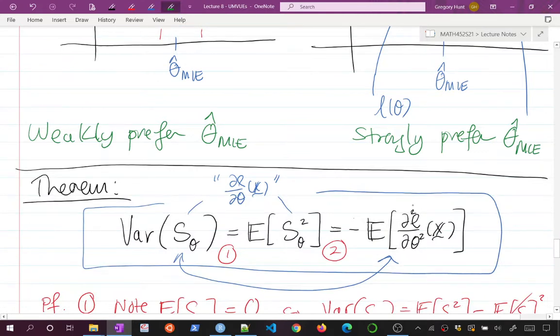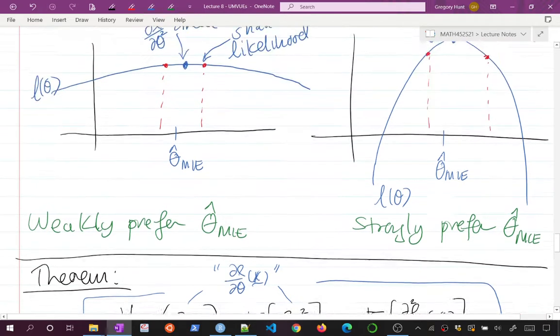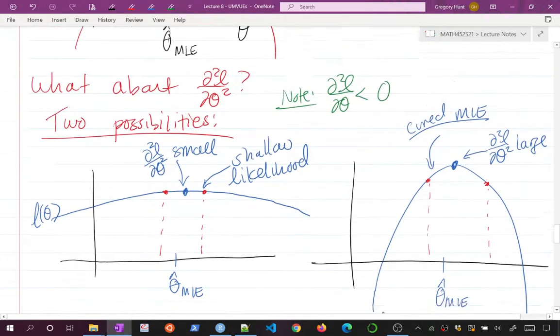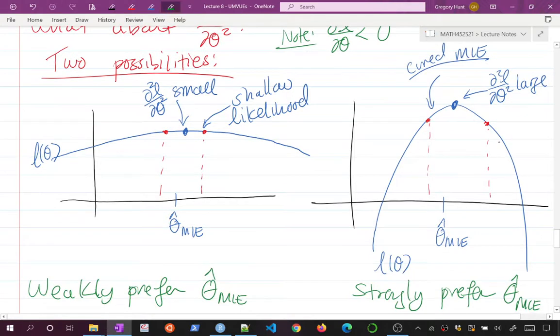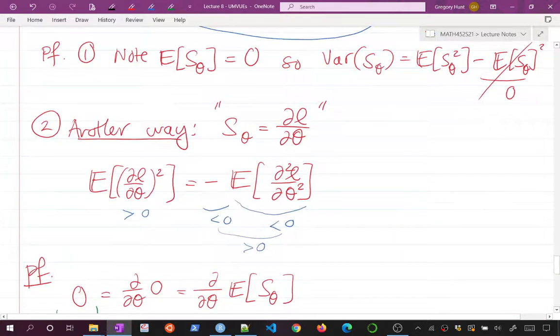If I sampled a bunch of data and threw it into my log likelihood, what concavity would I typically get? The variance of my score tells me something about that. And we said that this concavity tells me how much information I have about my parameter and how much I prefer different estimates over others.